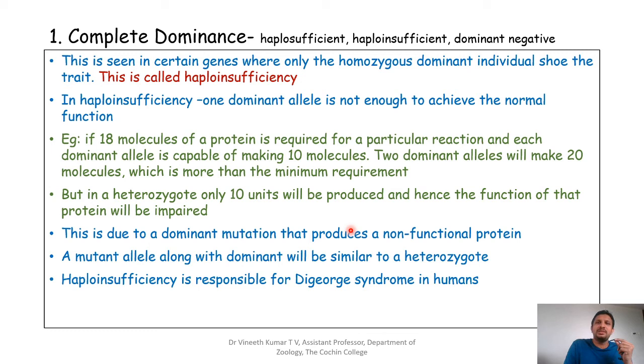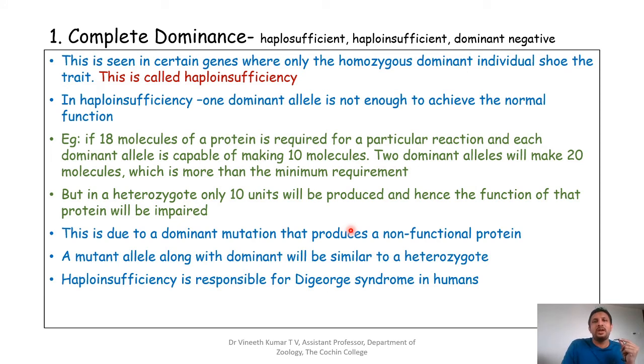The homozygous mutant will completely lack the particular molecules, and does not produce even the 10 units. So the homozygous mutant and the heterozygote, that is the wild type plus the mutant, produce the same phenotype, which is the disorder.